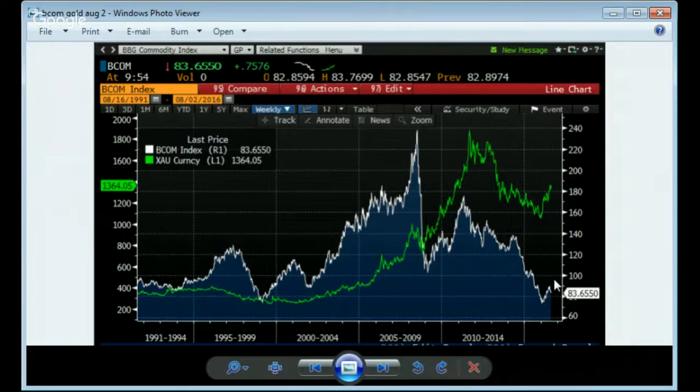But the decline in commodities since June, I guess, has not really been mirrored by a decline in gold. So the use of gold is giving you a different sign, but really it's not.